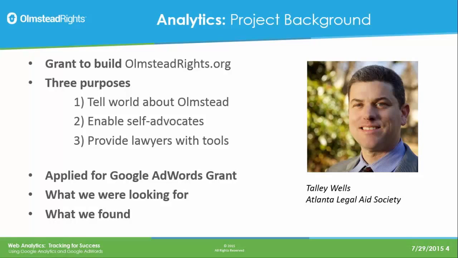And then third, Olmsted is a U.S. Supreme Court case, but there's a lot of legal work that still needs to happen. And we wanted to create tools for lawyers and law organizations, particularly legal services organizations and protection and advocacy organizations, to be able to use to push Olmsted forward.